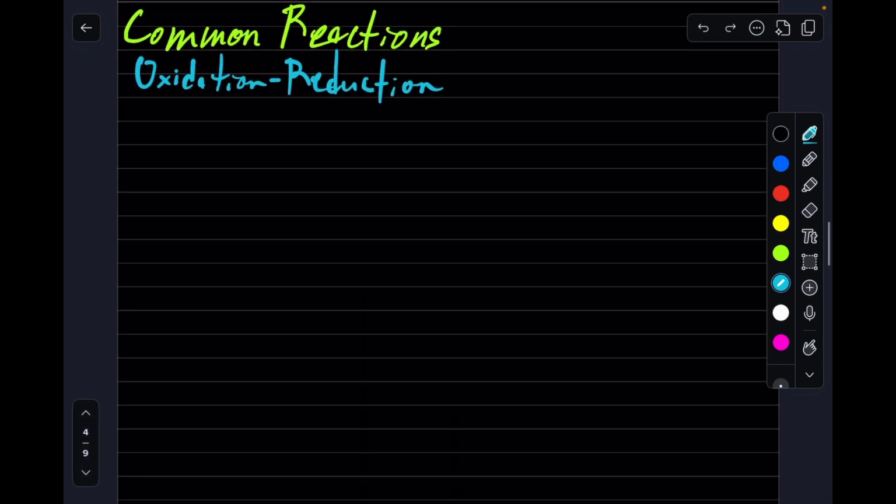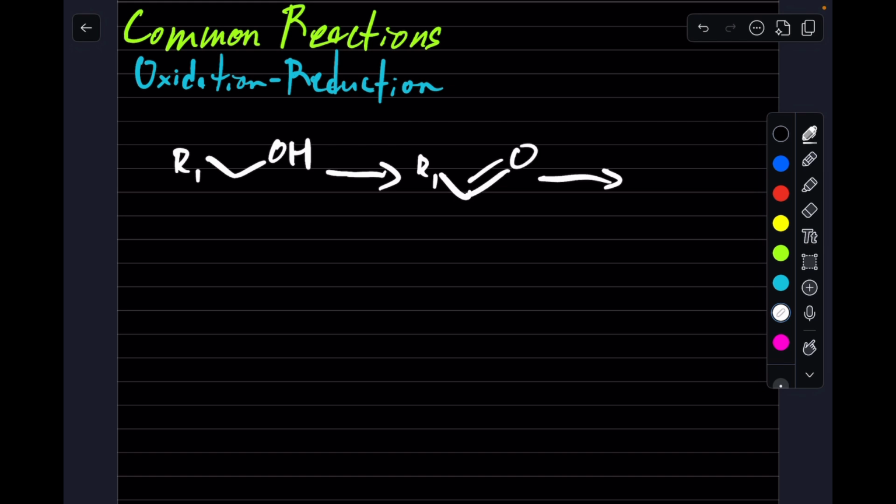Now going into some common reactions involving these. Oxidation reduction is a really common reaction that you will see involving these four groups. So essentially, it allows you to interchange between all of these functional groups using either an oxidizing agent or a reducing agent.